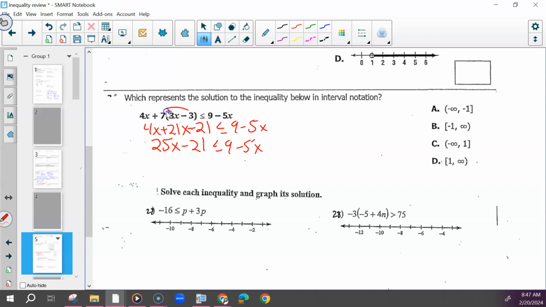Pick something we want to move. Let's say I move 21 and added 5x. We have 30x is less than or equal to 30, and divide both sides by 30.